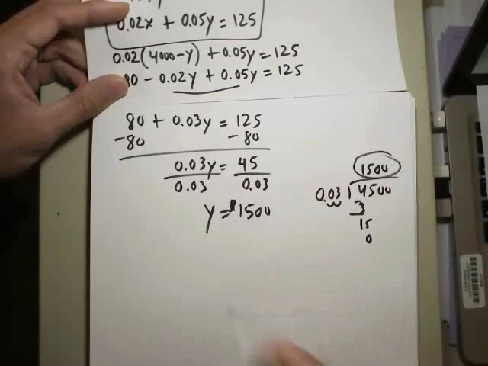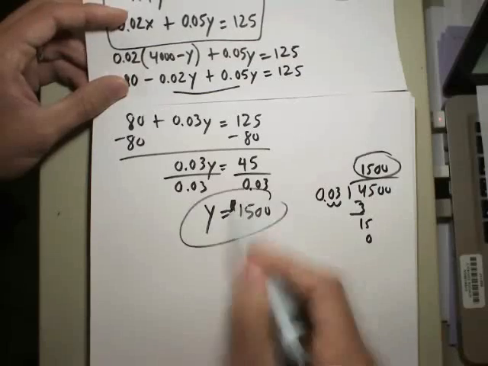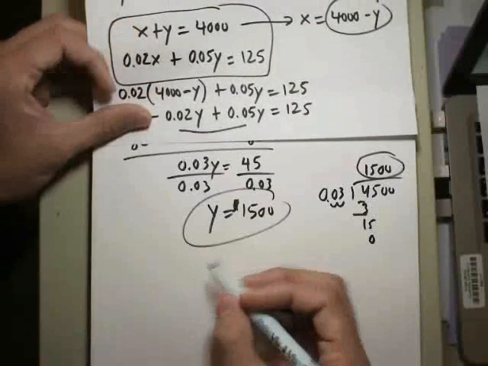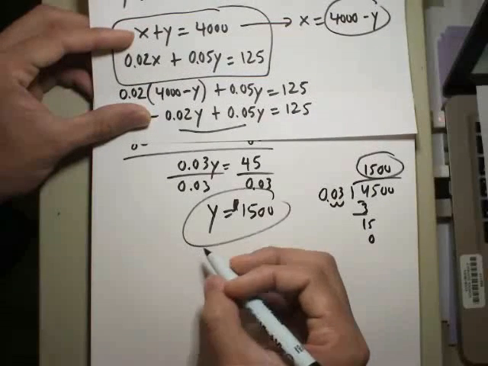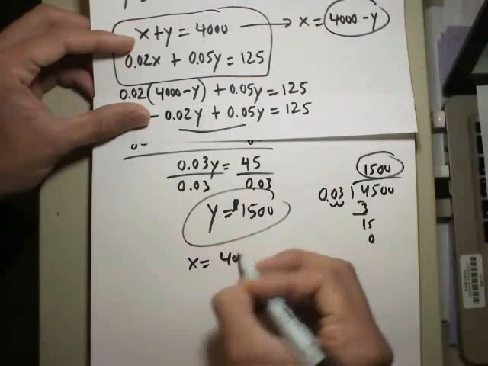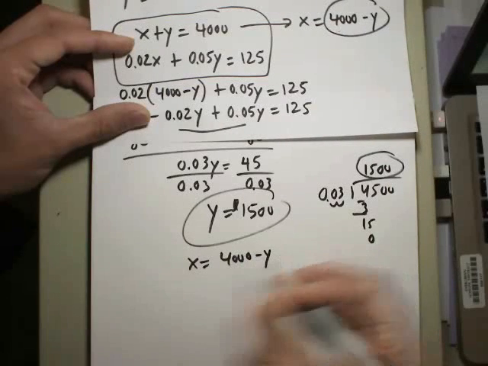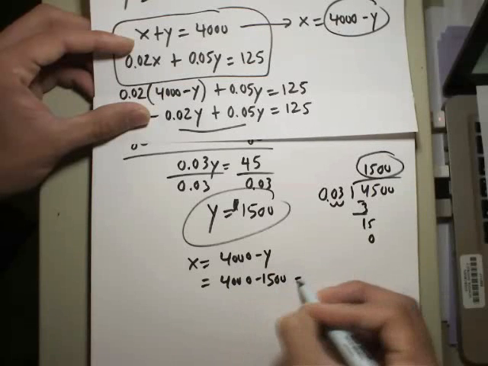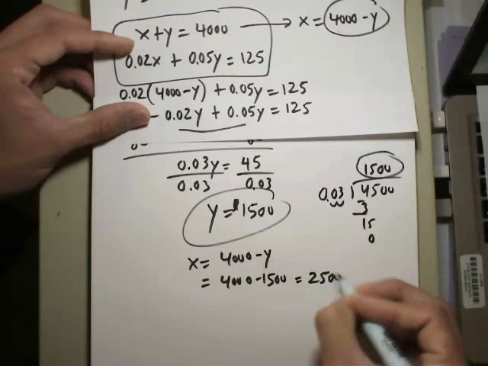So y, if you go back to the definition of y, is 1,500, which is in bank B, and I want to find out what bank A is, so I just plug it back into this equation right here, which we already solved for. X is 4,000 minus y, which means 4,000 minus 1,500 ends up being 2,500.